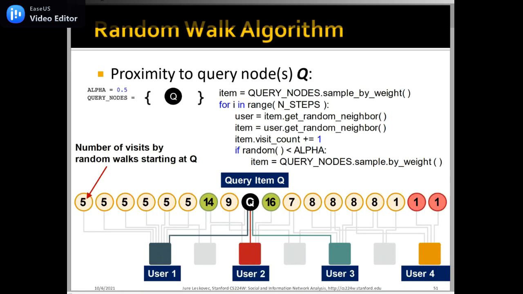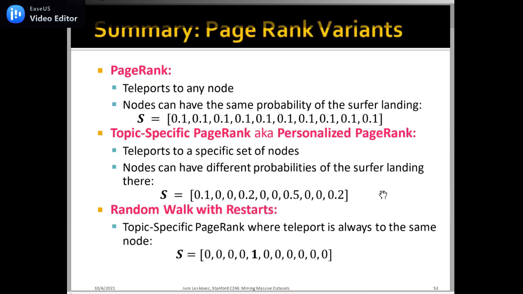Yes. Okay, I see. That's the whole point of jumping back or restarting, so that we can add more relevance or more similarity to the nodes that are close to Q.